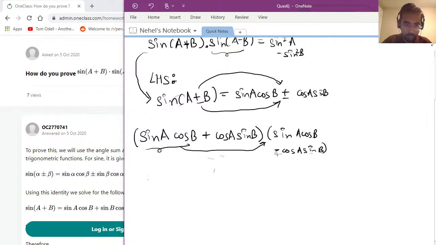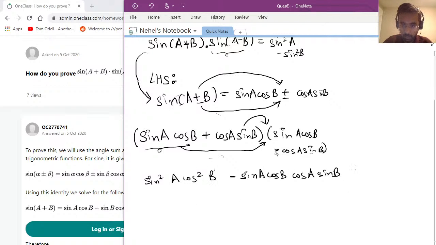I'll get my first term as sine square A cos square B, minus sine A cos B cos A sine B. And then for my second term, I'm going to multiply this with this bracket here.